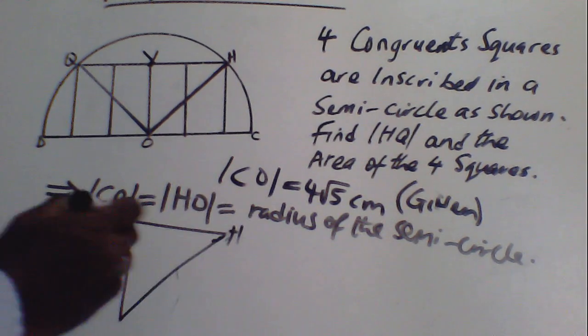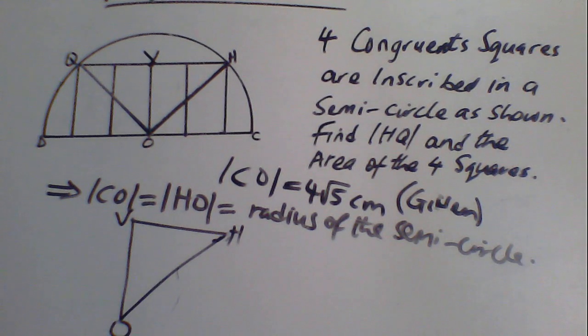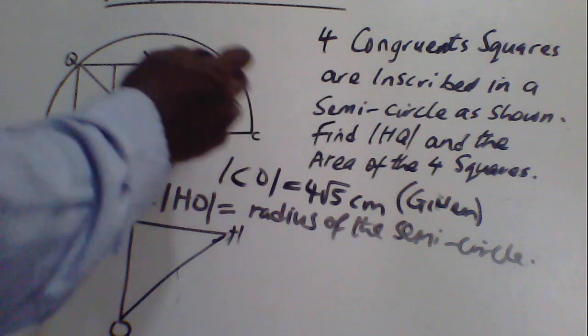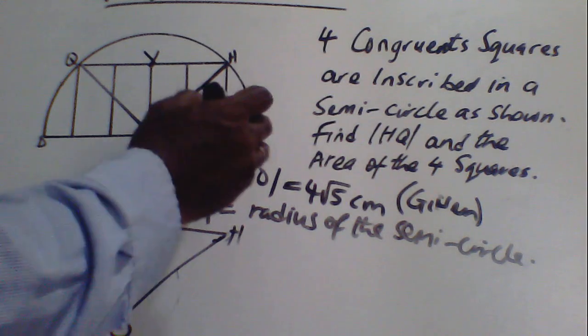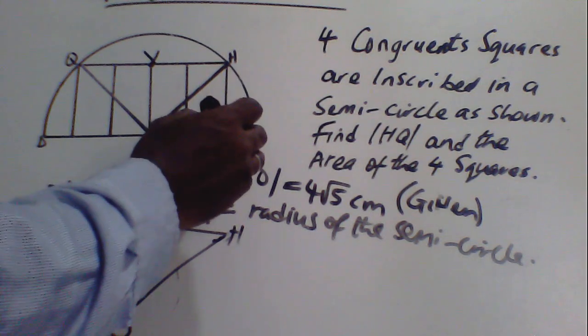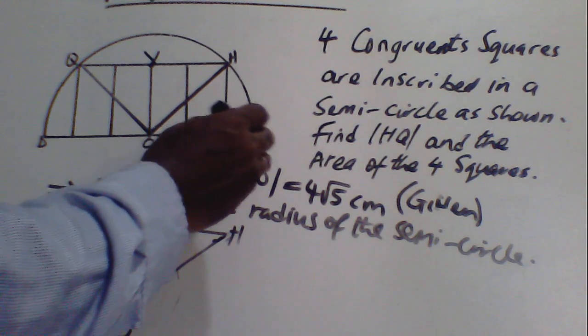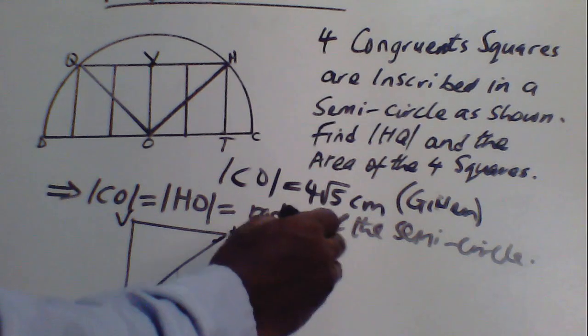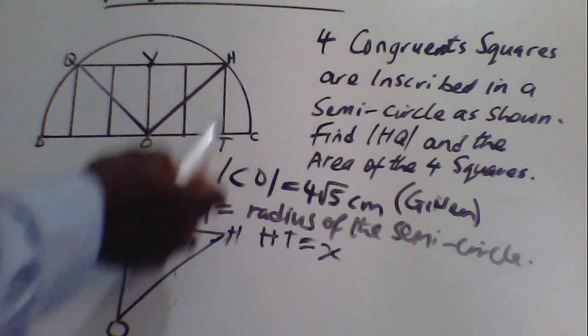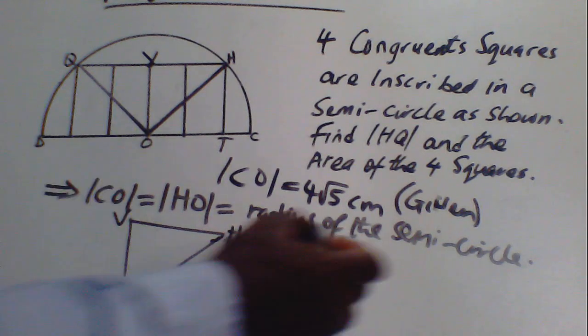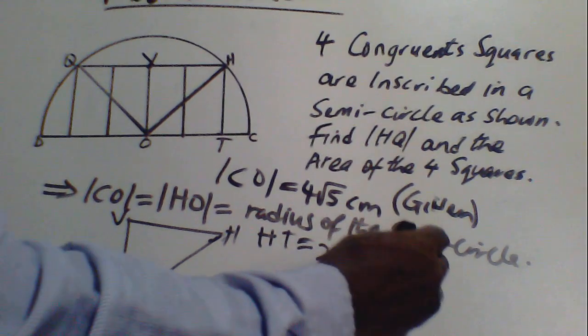So here is H, here is V, and here is O. Since we know that these are squares, I can call this place T, so that HT is equal to X. Let it be equal to X. So once I say that, HT is equal to VO.